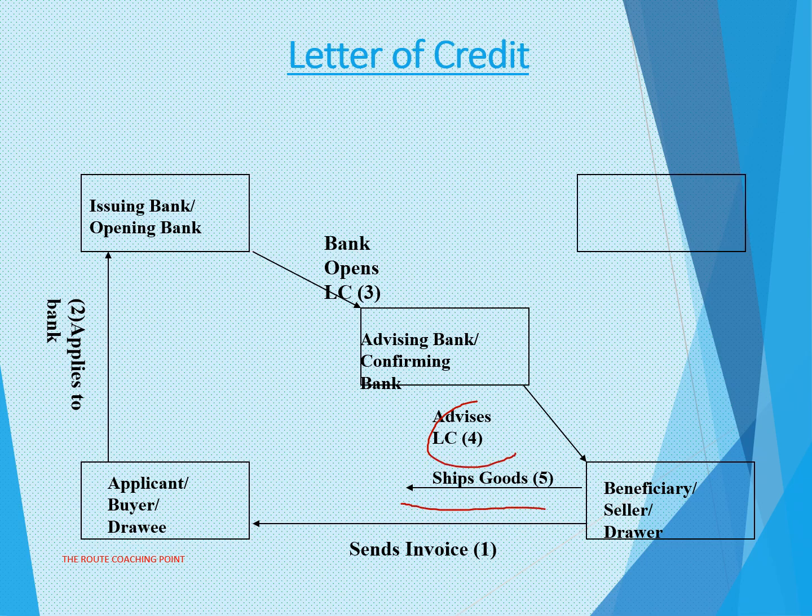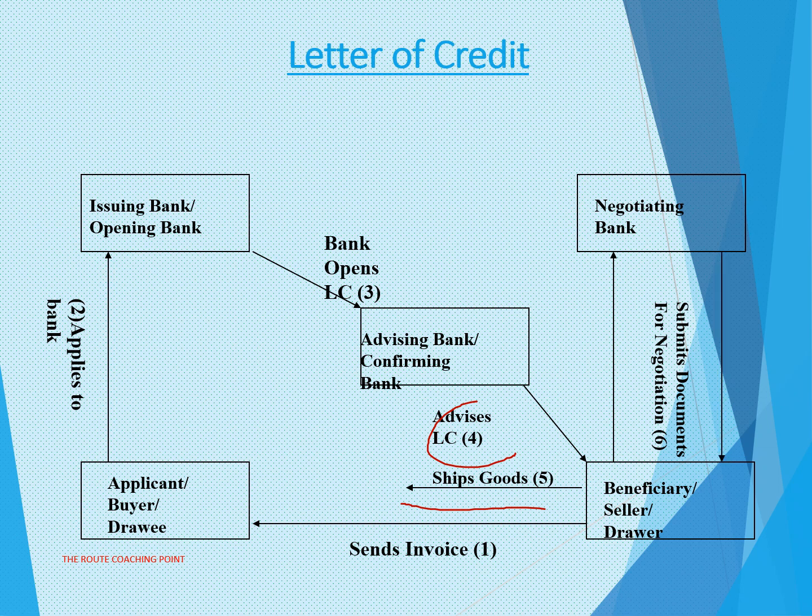Then the beneficiary ships the goods. Here comes a negotiating bank. The beneficiary submits the document for negotiation to the negotiating bank, and after submission of the document, payment is made. Here is the main feature of LC.